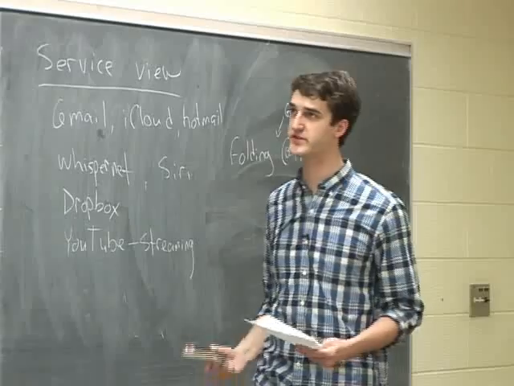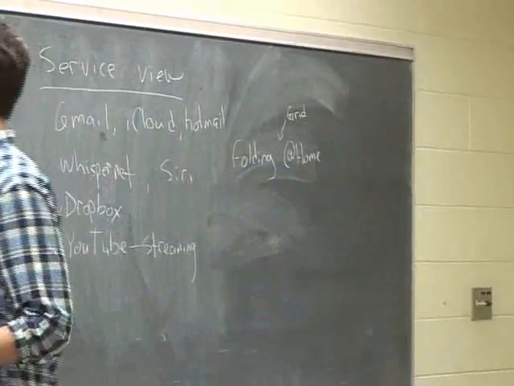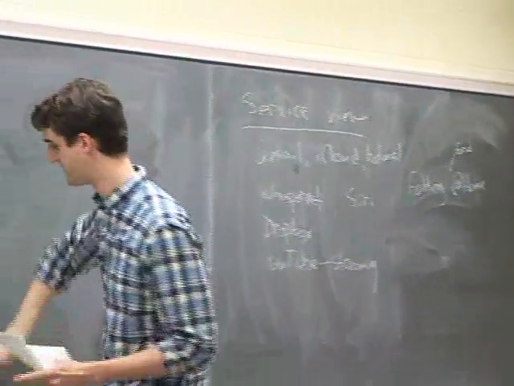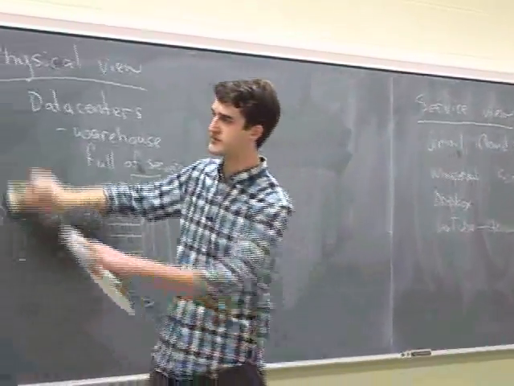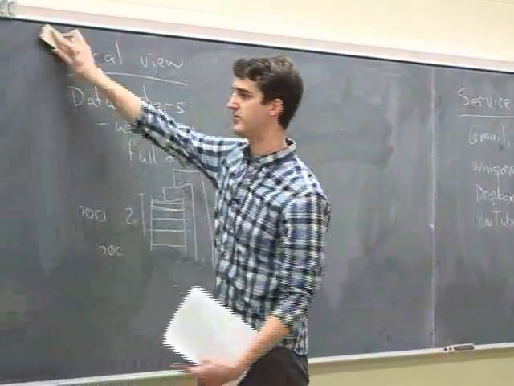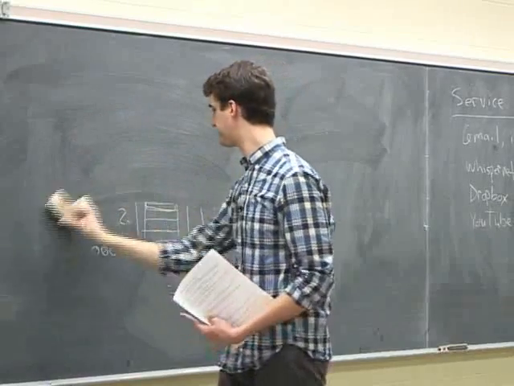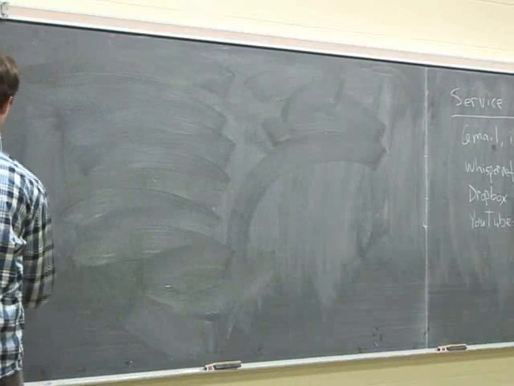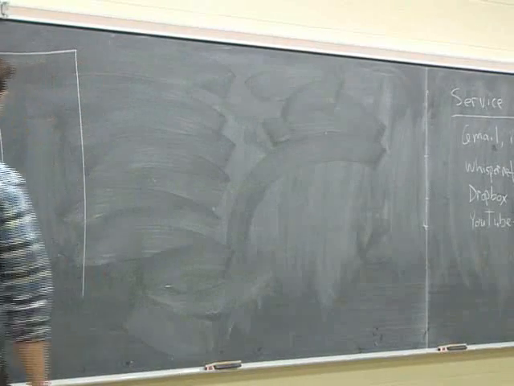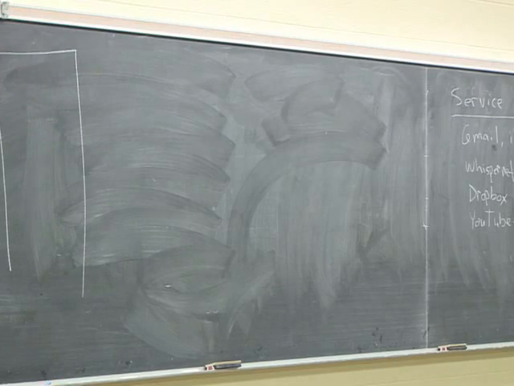There are other ways we can think of the cloud too. Someone mentioned that the cloud is renting compute power online, this remote computing idea. And this is sort of the data center view. Networking people like to break things up into layers.